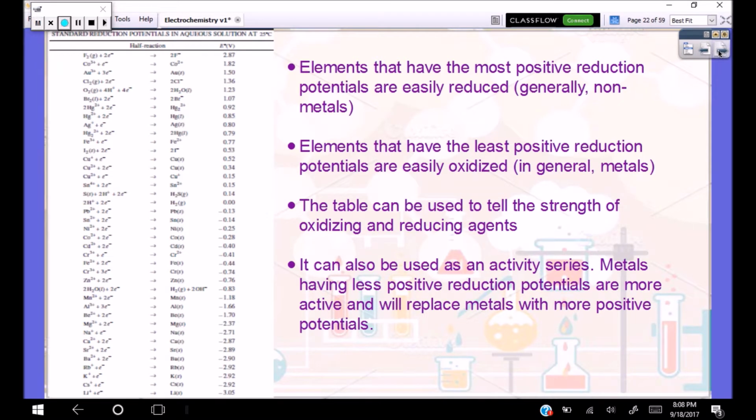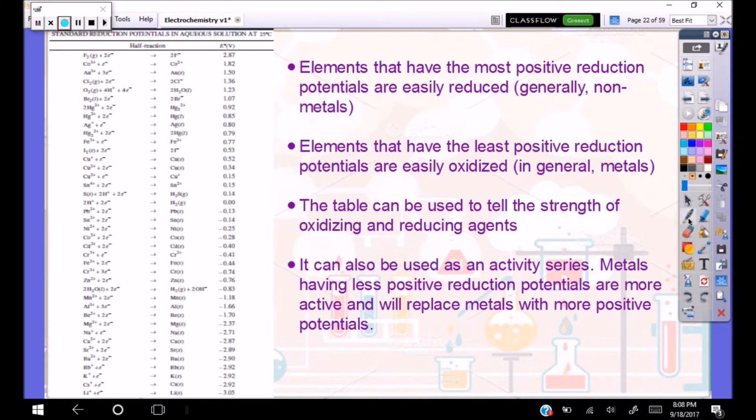Okay. So when we're looking at these tables of reduction potentials, the elements that are the most positive up here are easily reduced. So generally nonmetals, you see here, this one's actually F2. So fluorine can be reduced to fluorine ions.